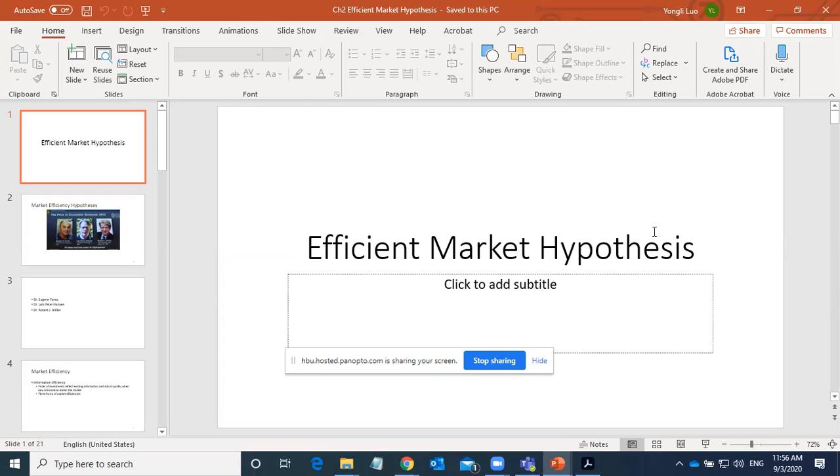So what is an efficient market? Why is the market efficient? Efficient means there is some information coming to the market, and the price will reflect that information.